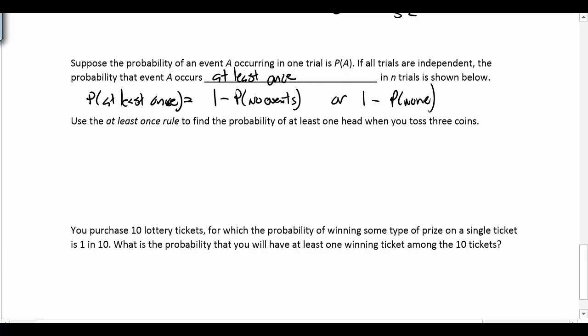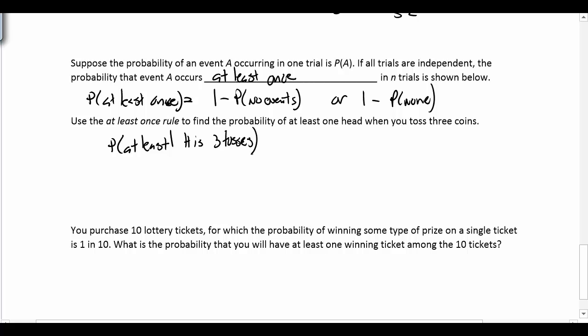Okay, so use the at least once rule to find the probability of at least one head when you toss 3 coins. So the probability of at least one head in 3 tosses. See, I could sit there and map it out in my head.